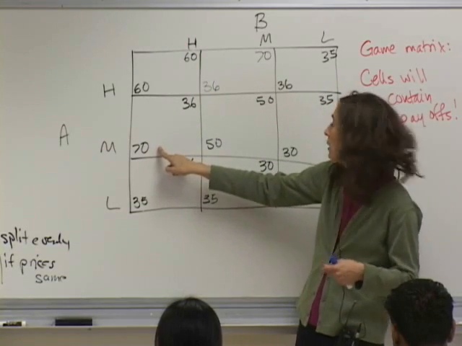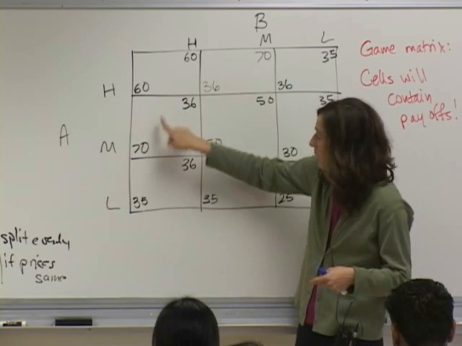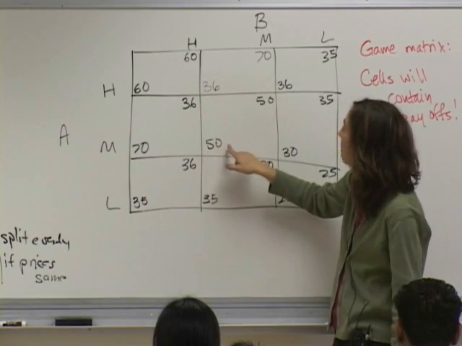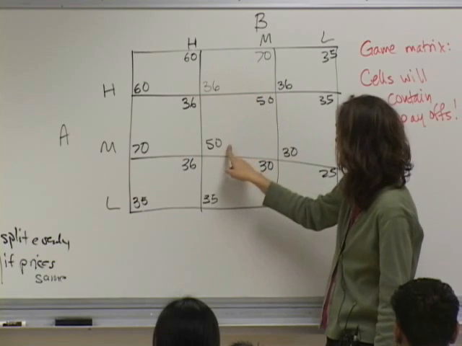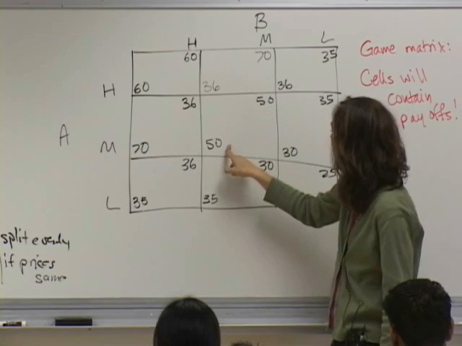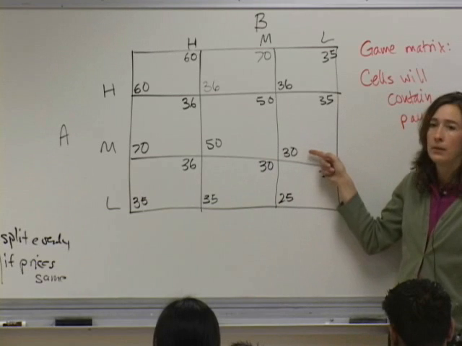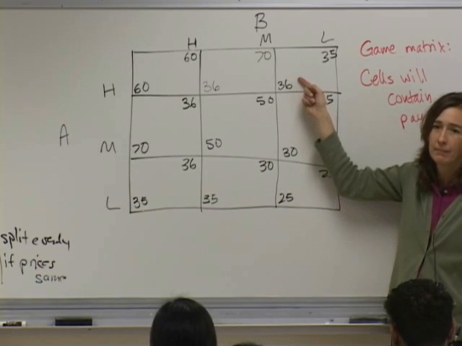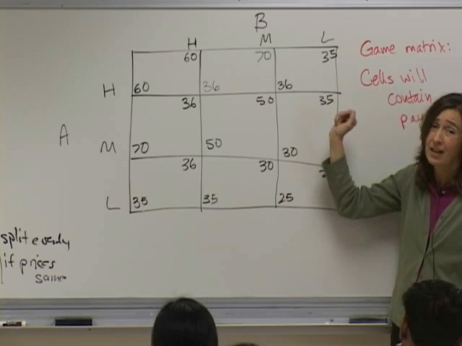So maybe medium's the dominant strategy. Medium's a better choice when your opponent sets a high price. Medium's a better choice when your opponent sets a medium price. Oh, look here. When your opponent sets a low price, though, high is actually better. So medium's not a dominant strategy either.